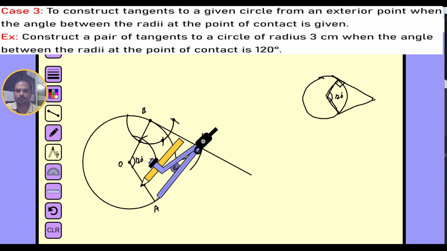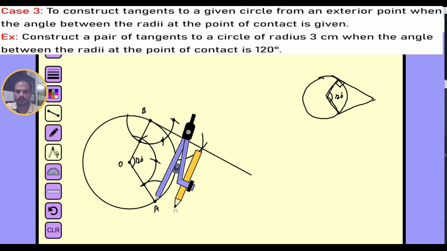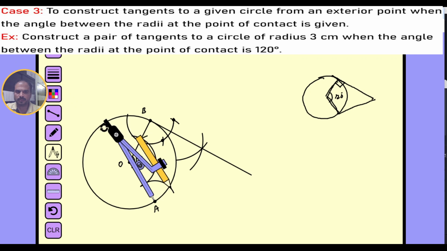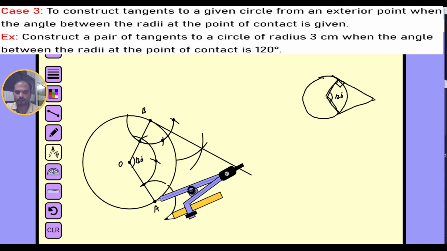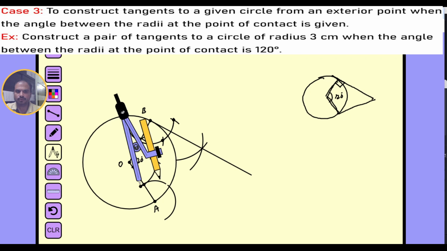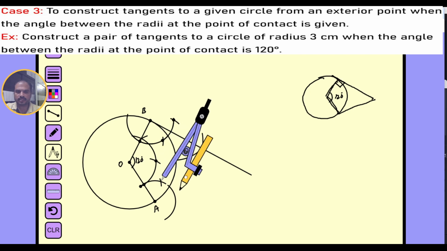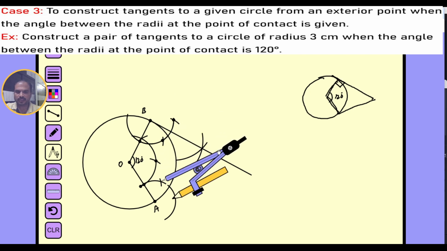Again and again I'm telling you, in any of the previous year question papers, one question on construction is guaranteed, so it should be perfect. These are questions which will easily give you marks, children. No trick or skill is involved in these constructions. Clear, children?